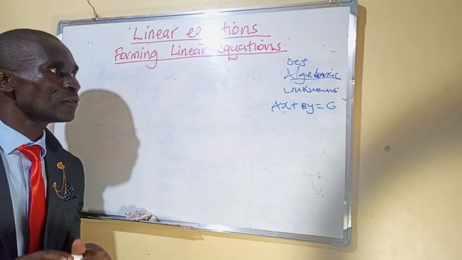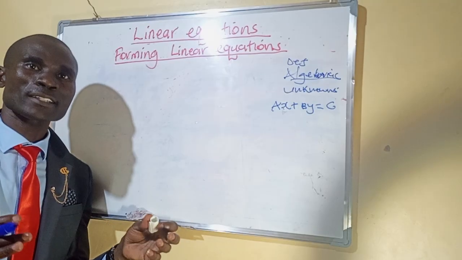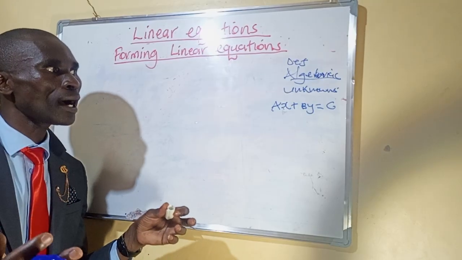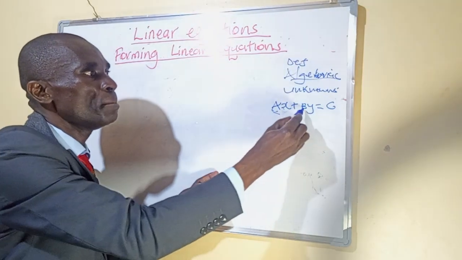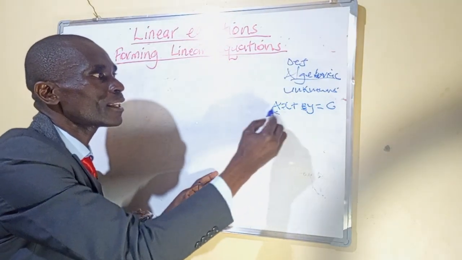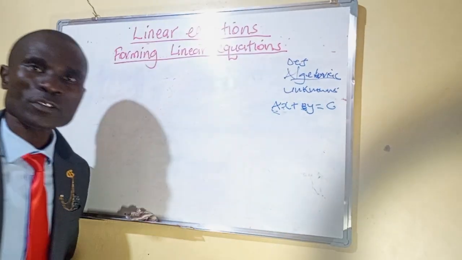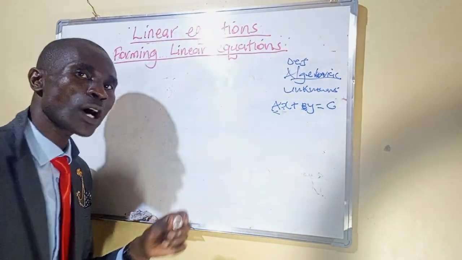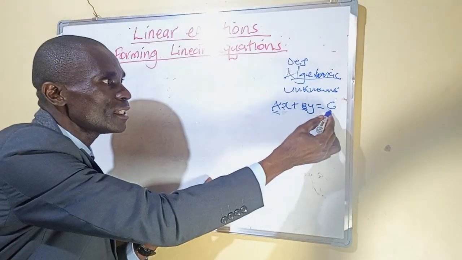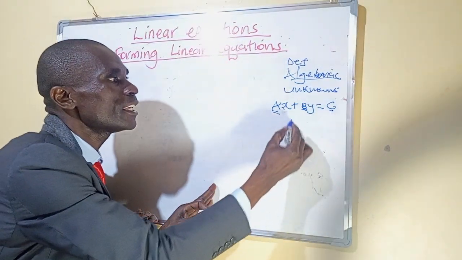Now, if we are talking about ax, by and c, what are these? a and b are the coefficients of the unknowns. Our unknowns can be x or y. c is a constant, a real number.